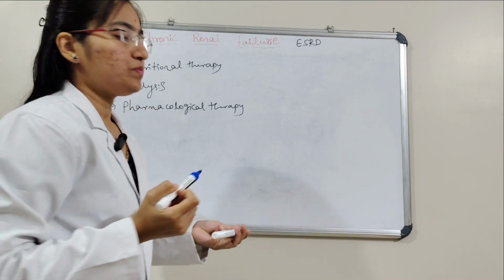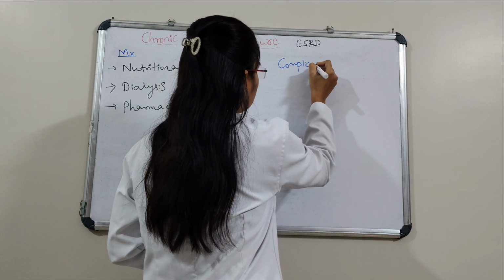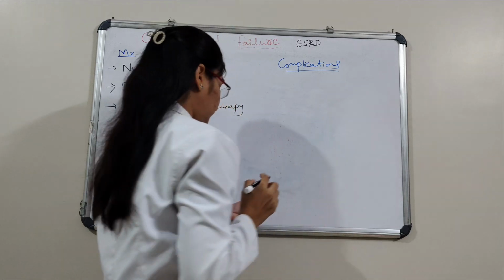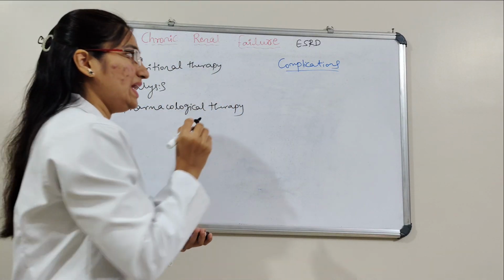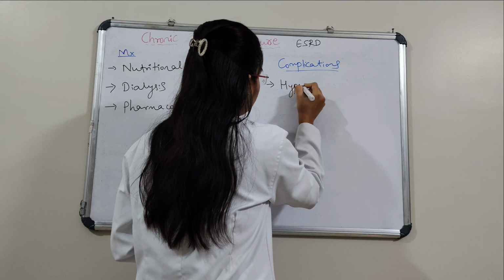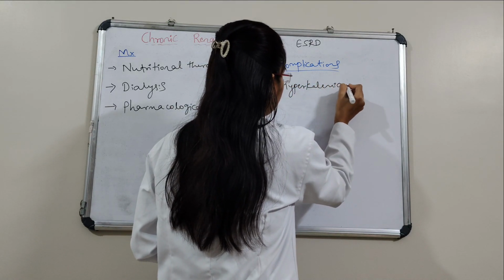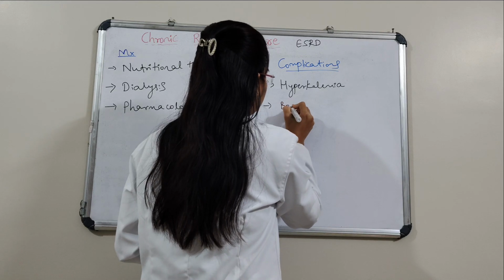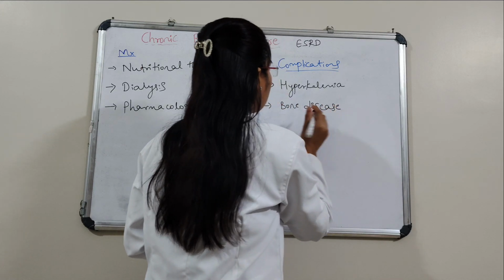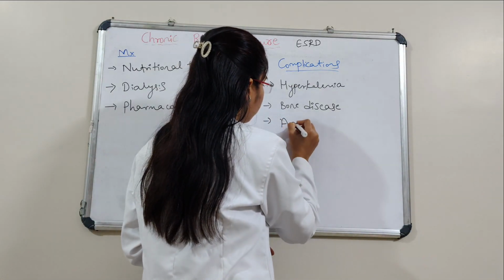Next, we'll see complications of ESRD. Here: hyperkalemia, bone disease, anemia.